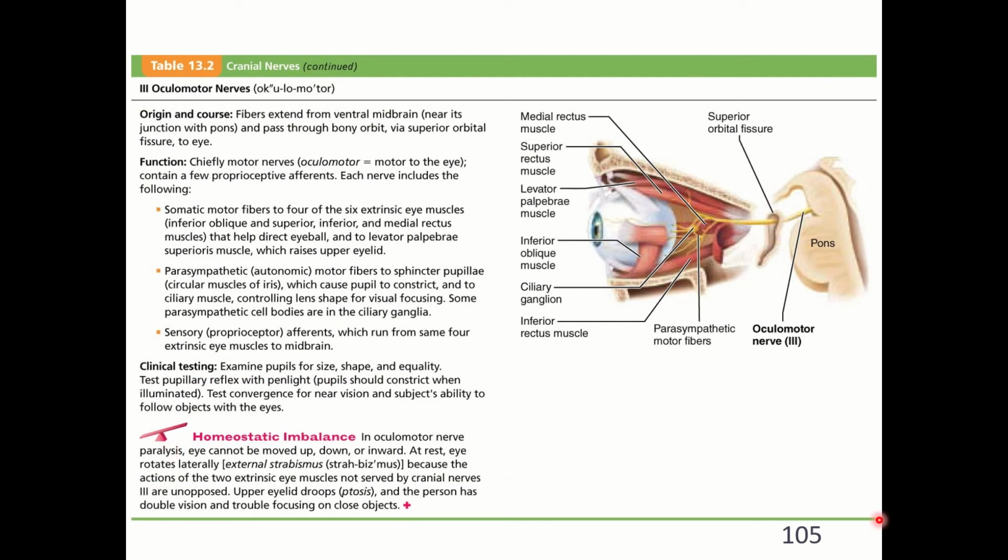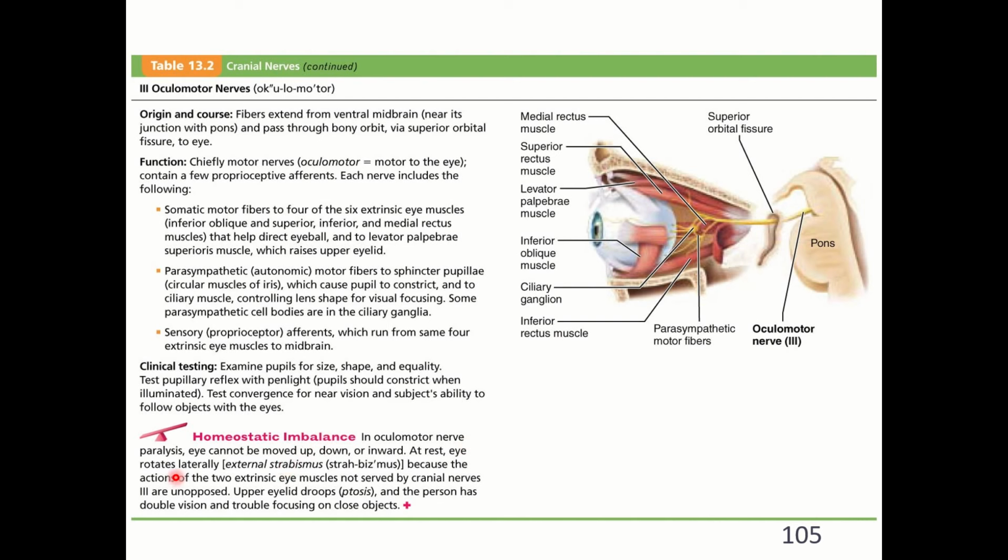Cranial nerve number 3 is the oculomotor nerve, and this one is a motor nerve, and it is the main eye mover. So it is what allows us to look up, down, and across with our eyes. So in oculomotor nerve paralysis, the eye cannot be moved up, down, or inward.